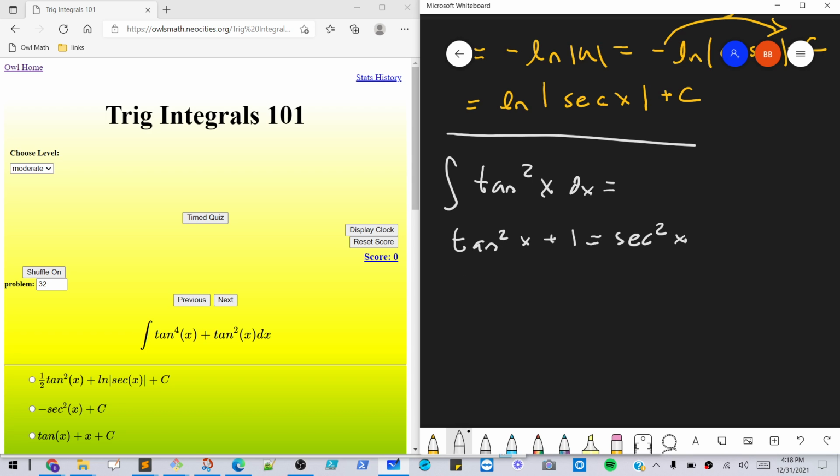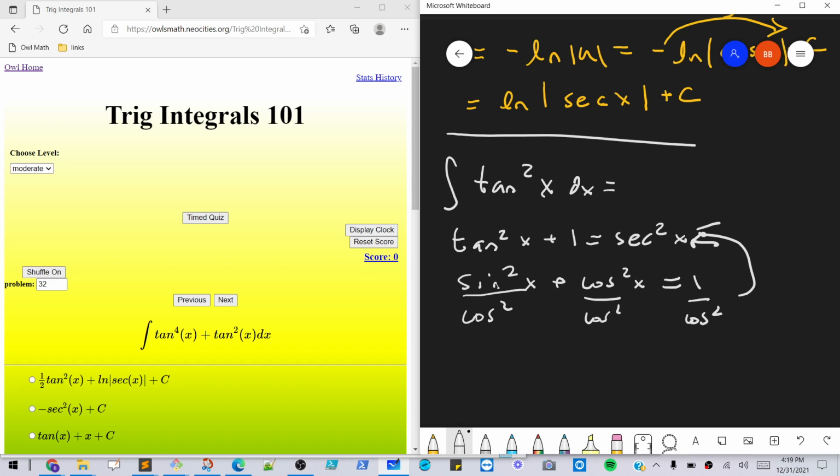This is derived from the Pythagorean formula, and if you divide through by cosine squared, you'll get this. Then bringing the 1 over here, this is going to be the same thing as the integral of secant squared x minus 1 dx.